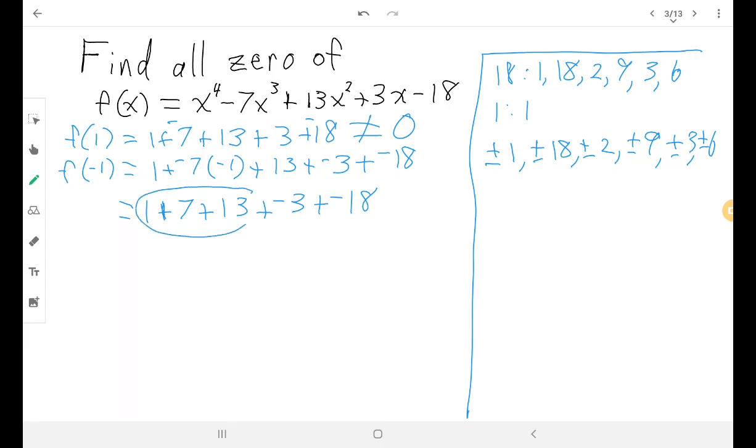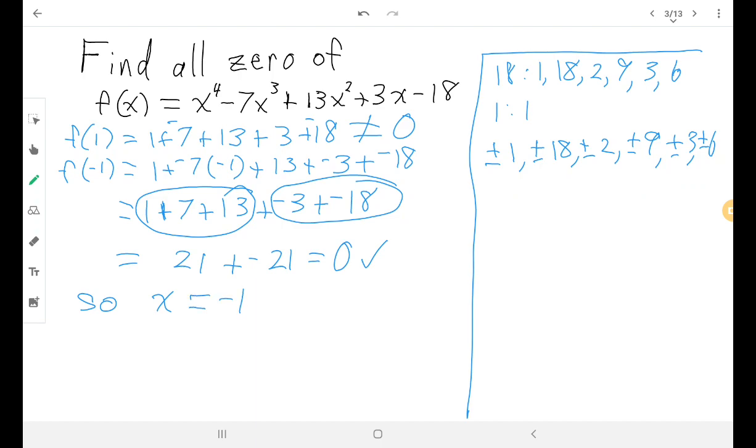And if I put the positives together, I get positive 21. So that's nice. So this is 21 plus negative 21, which is 0. So that's what I was looking for. So x equals negative 1 is a 0.